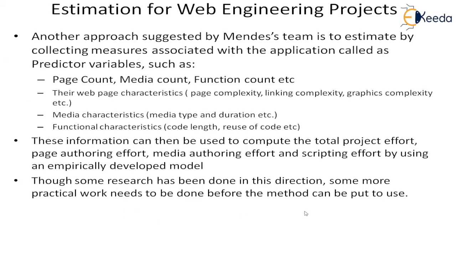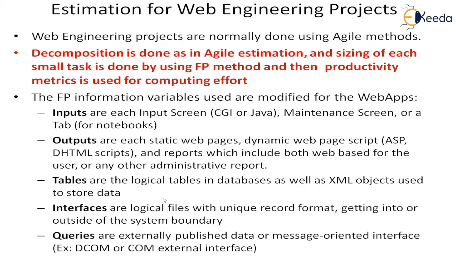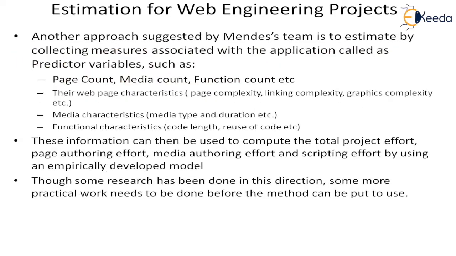So that is why it is a little risky, and when you use this, you have to use it with less confidence. But definitely people can start using it, and they can develop their own, or at least it can be used to get a feel of the estimation and tally it with the previous FP method estimation, and see whether it is giving a very different figure, or the same figure.